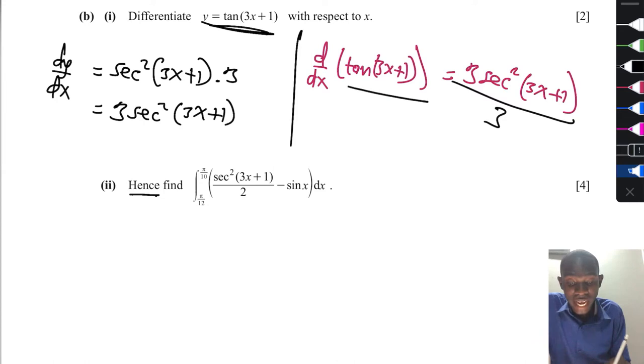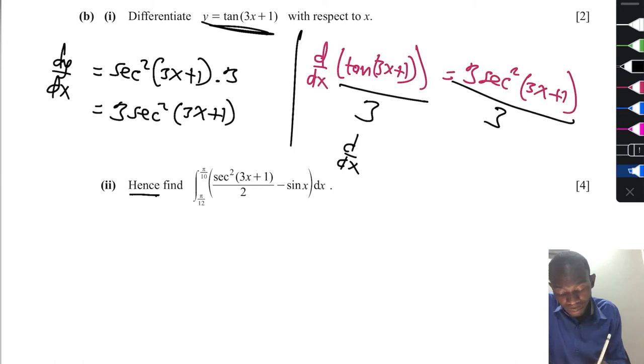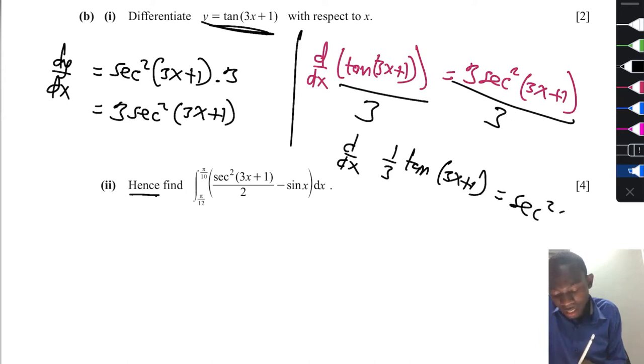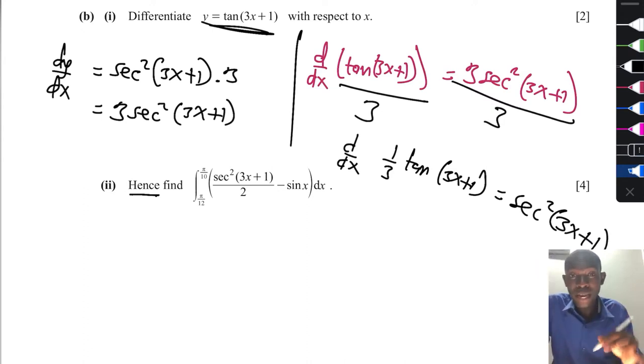So I want to divide both sides by 3. That means that if I differentiate 1/3 tan(3x plus 1), I will get sec square (3x plus 1). So that is what it means.